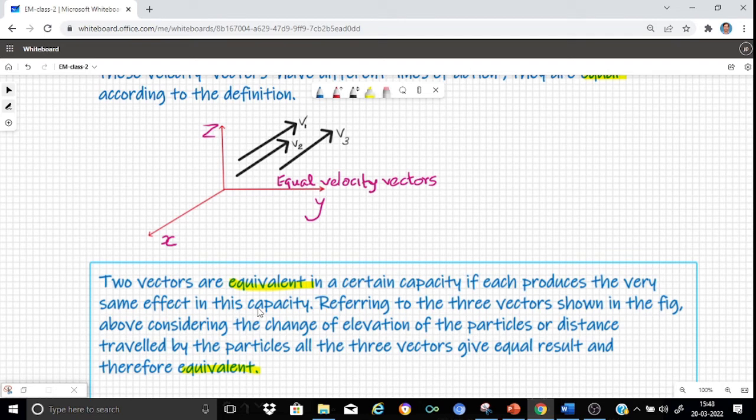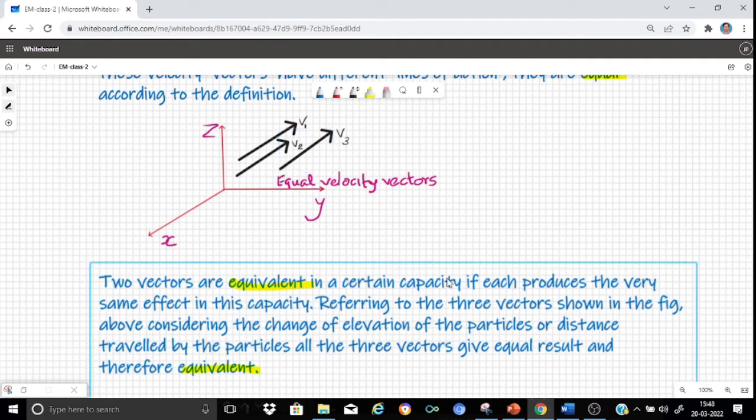Now let us refer to the same sketch. Suppose we are considering the change in elevation of the three particles. This is the position where particle 1 is initially, this is where particle 2 is, and this is where particle 3 is.